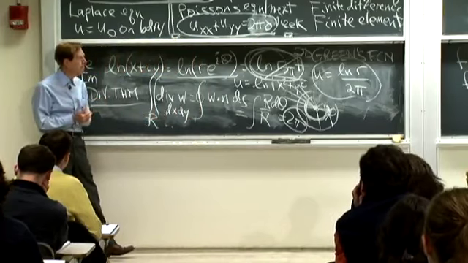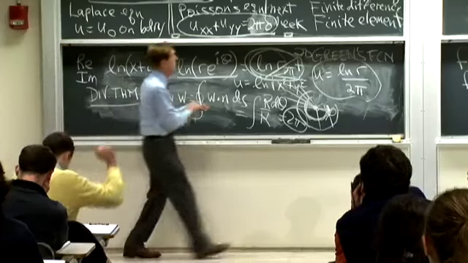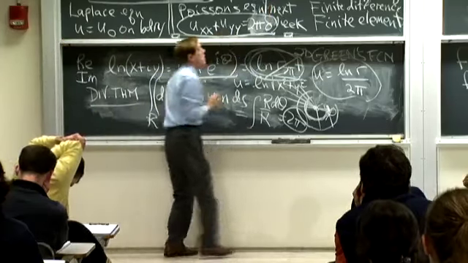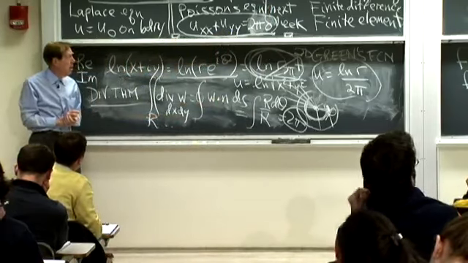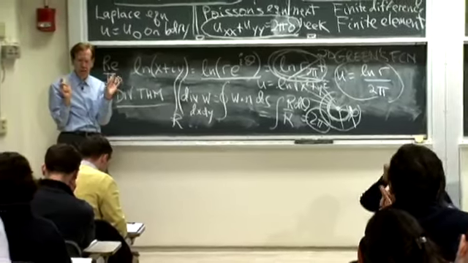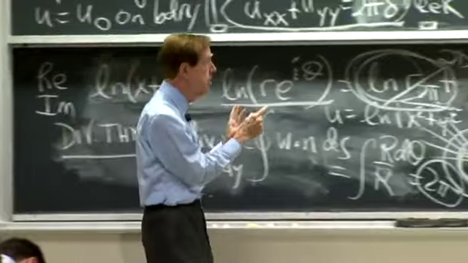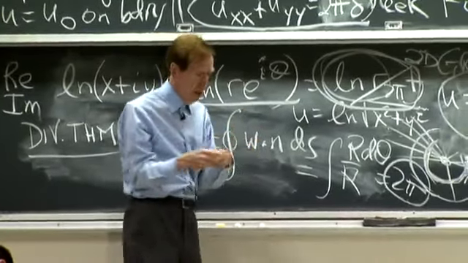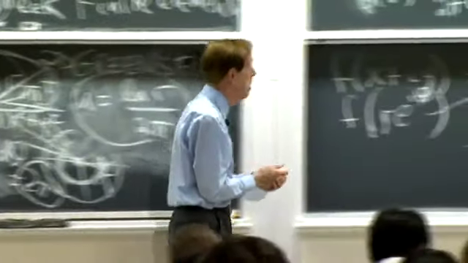Okay. Let me take one moment here, because I'll tell you what conformal mapping is about. But what's your take-home from this lecture? Your take-home is 2 methods that we can really use to get a formula for the answer.